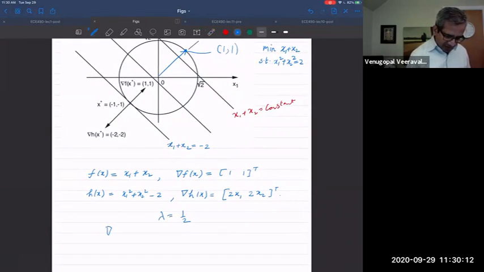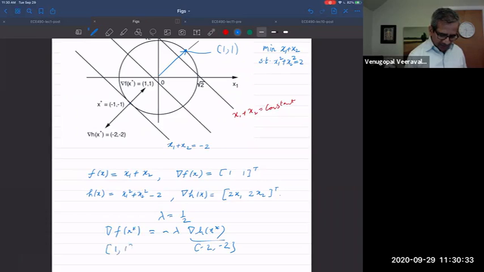Because basically you want the gradient of f at x star to equal minus lambda times the gradient of h at x star. So this one is -2, -2. And if you multiply it by -0.5, you get 1, 1 on the side.